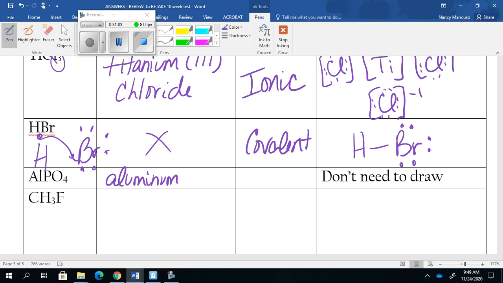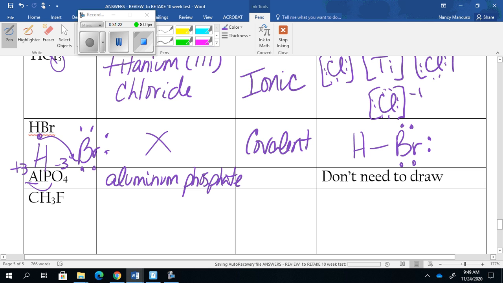Sorry, I'm just flipping over to table E. On table E, I see that PO4 is phosphate. And they canceled each other out. Al was a +3, PO4 was a -3, those canceled out.